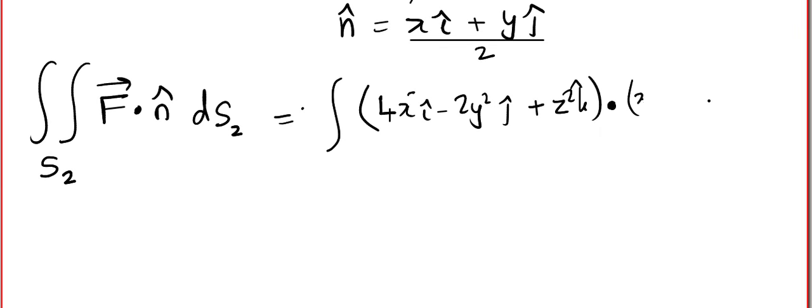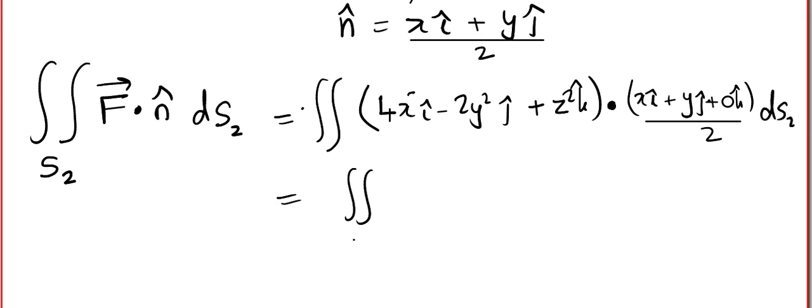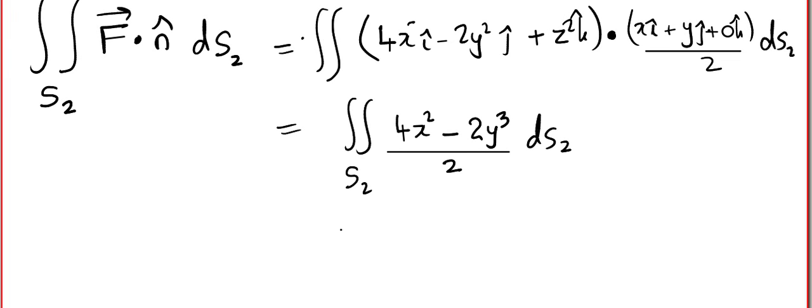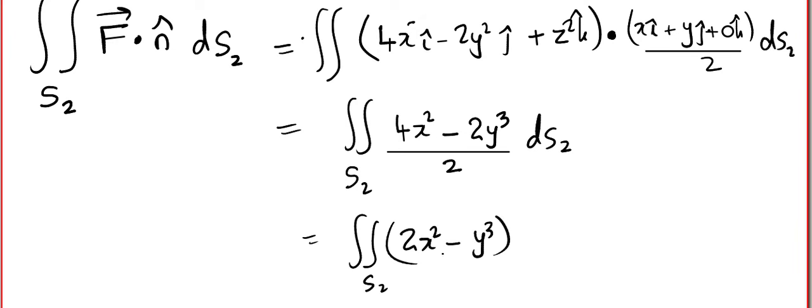So (xi plus yj plus 0k) divided by 2 dS2. So that will be double integral over S2. How do you take dot product? Yeah, 4x into x will be 4x squared minus 2y cubed. So that will be equal to double integral of 2x squared minus y cubed dS2.